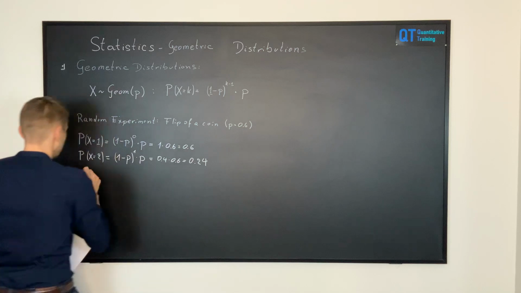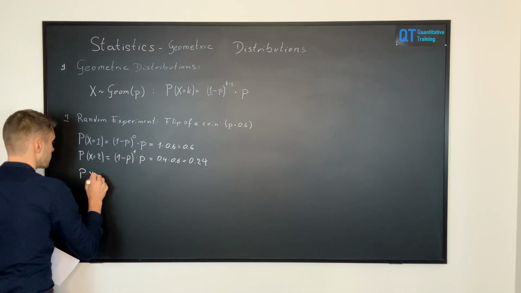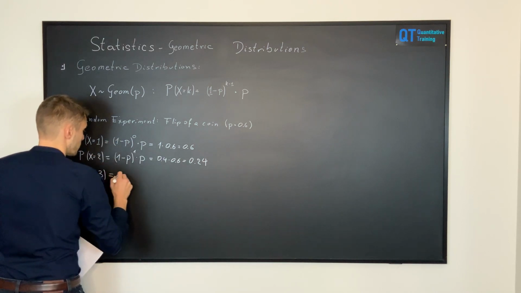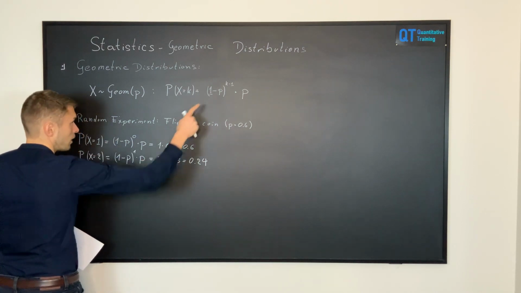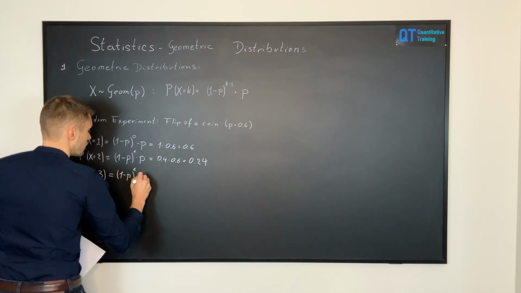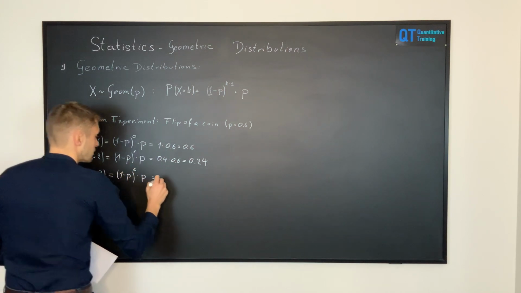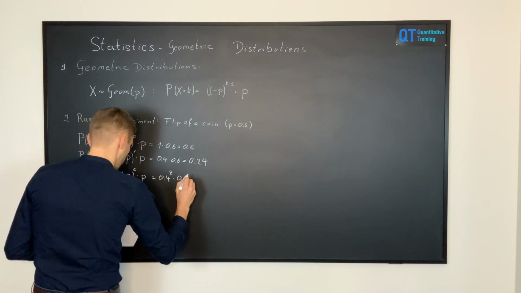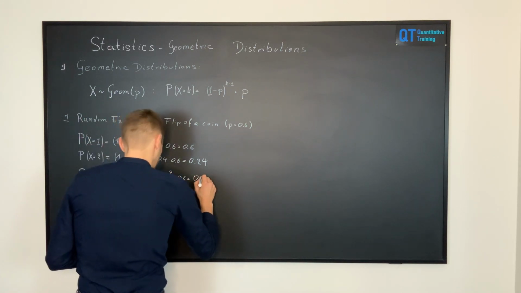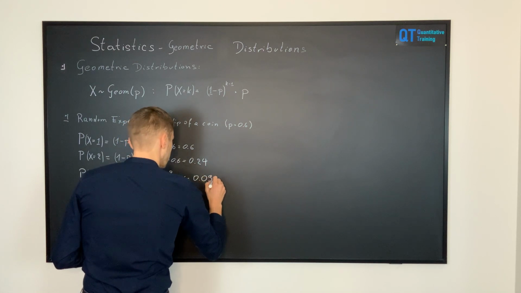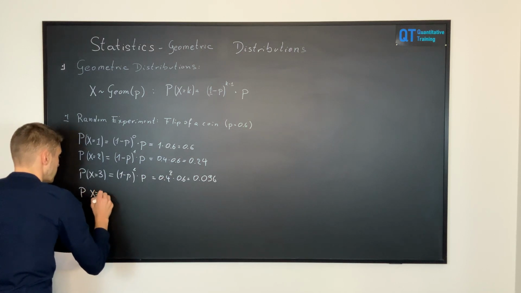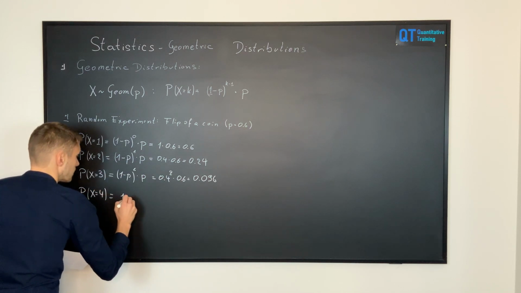Then let's look at the situation where we obtain tails for the third flip. So we have 1 minus p to the power 3 minus 1, so 2, times the probability of success. So we have 0.4 to the power 2 times 0.6, which is 0.096. And then let's look also at the situation P of x equals 4. So we have this time a success for the fourth flip.